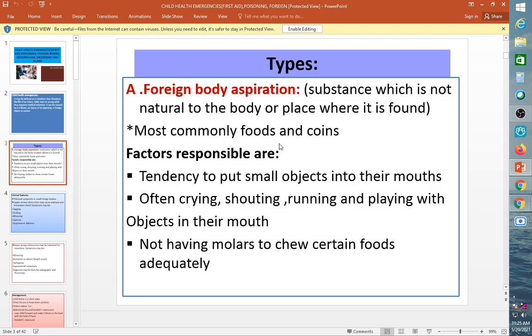If you go back to the growth and development chapter, you will know that there is a certain age when the molars and premolars develop. Those big teeth help us to chew the food properly, so that it is easier for swallowing. If the molars are not developed, the child cannot chew properly, the food pieces are not broken down, and it may cause aspiration. Do you have any question here at this point?